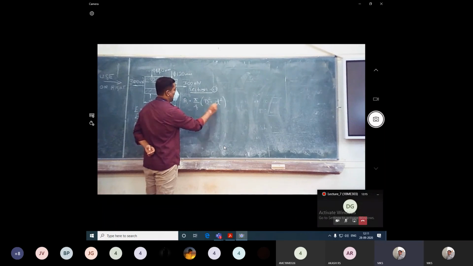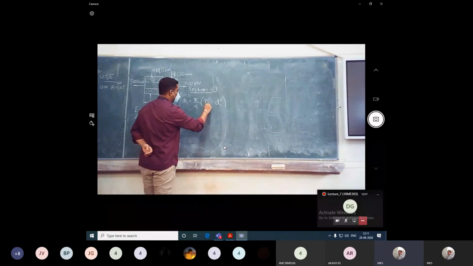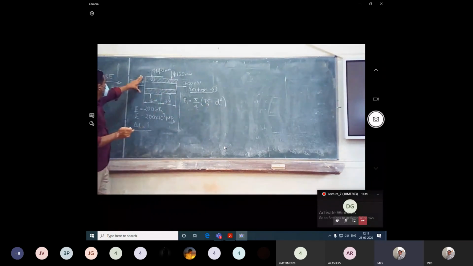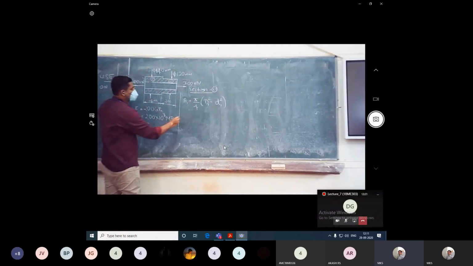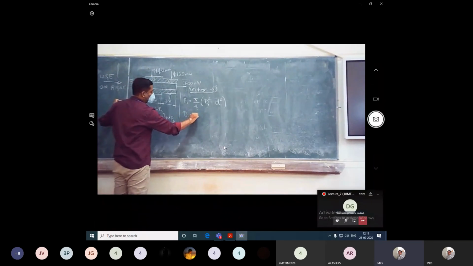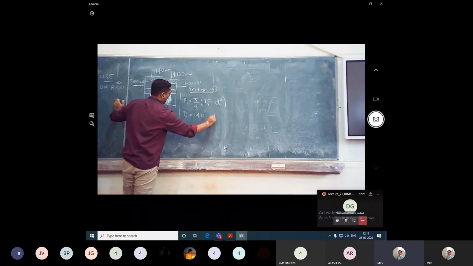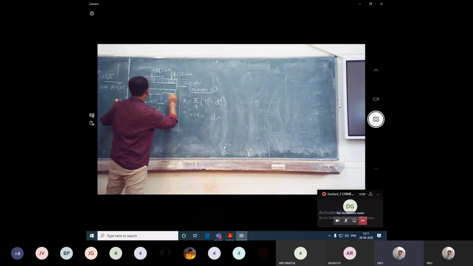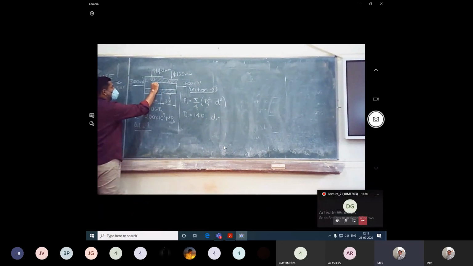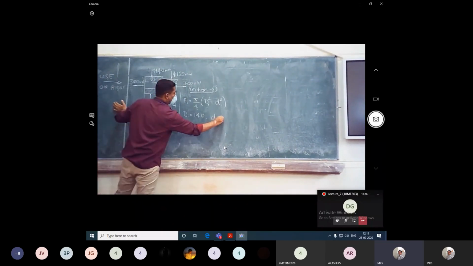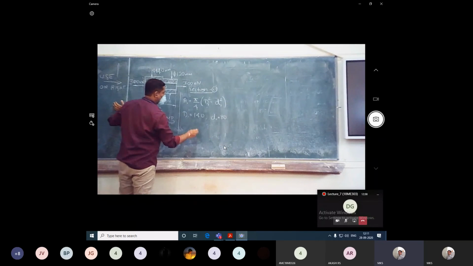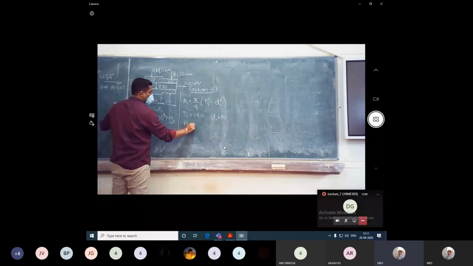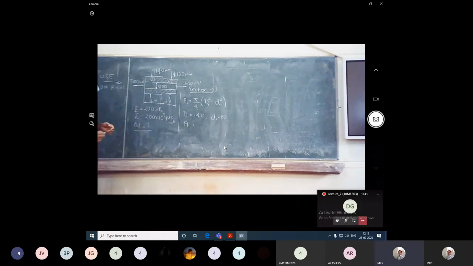So this is D1, just for your reference. Capital D1 is 140. Small D1 is how much? Bore is given. How much? 80. Small D1 will be 80. So substitute, you find A1.